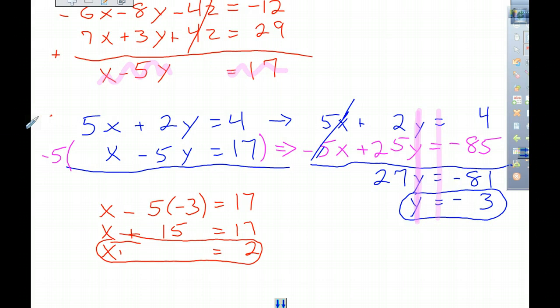Remember, everything here and here, that's what you just did last time. Two equations, two variables, get you two answers.